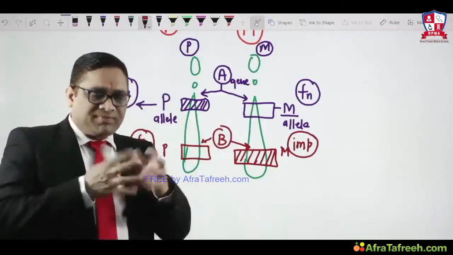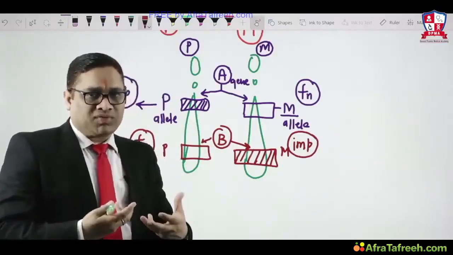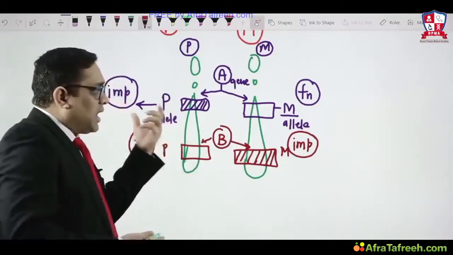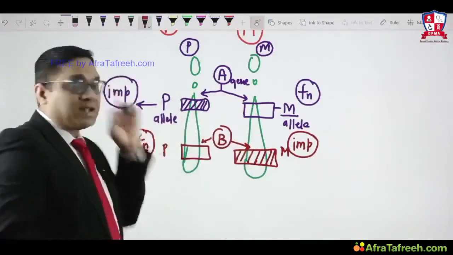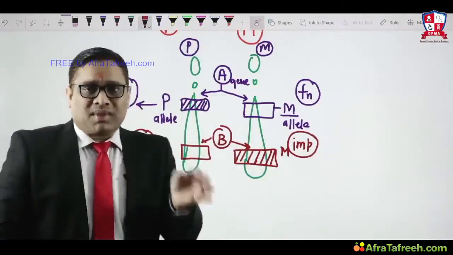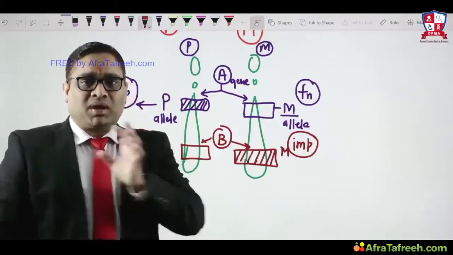This is called differential inactivation, or differential imprinting, of the gene, either maternal or paternal. So differential inactivation of either the maternal or paternal allele is called genomic imprinting, right?